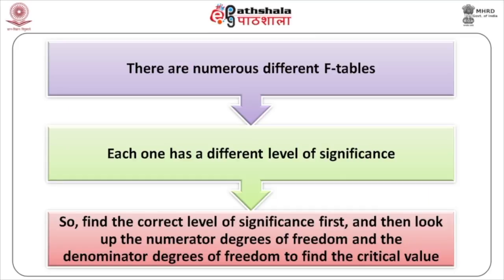There are numerous different F-tables. Each one has a different level of significance. So find the correct level of significance first, and then look up the numerator degrees of freedom and the denominator degrees of freedom to find the critical value.